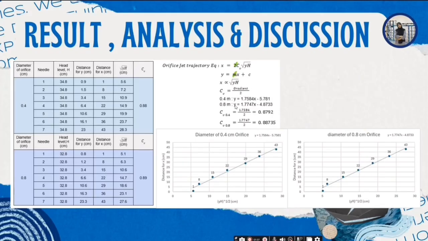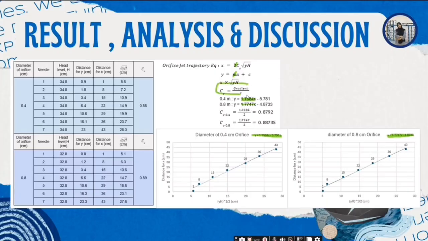After tabulating all the data in the graph, we gain our linear equations of the best-fit line. By comparing the linear equations, we know that for 0.4, the gradient is 1.7584, and for 0.8, we get 1.7747. So just substitute the values into these equations.